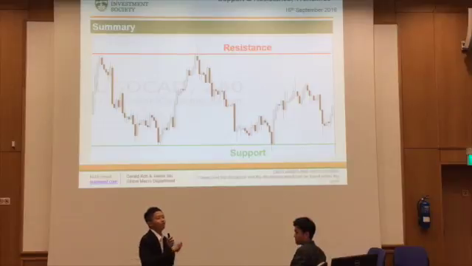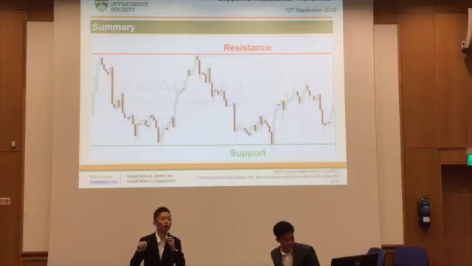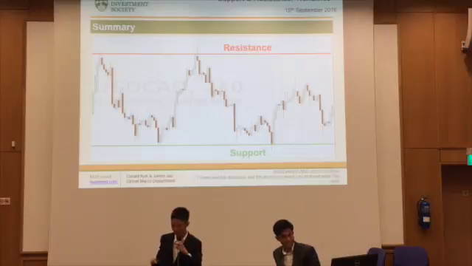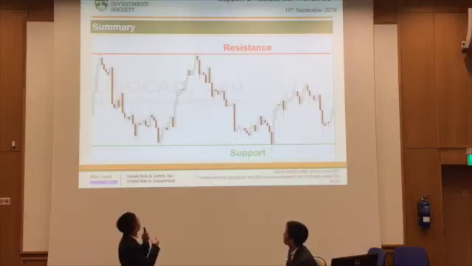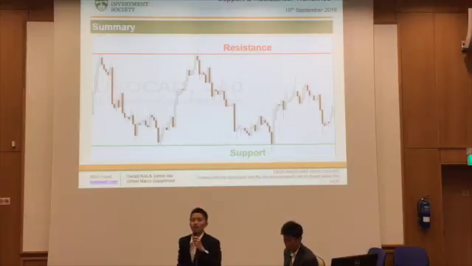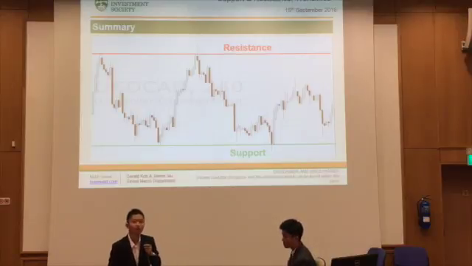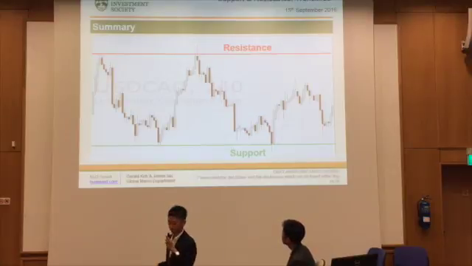And also, don't look at them as price levels, look at them as zones, so you allow more leeway for you to apply your respective stop losses and take profit. And lastly, I also talked about the strength of support and resistance. The more times it fails to breach the level, the stronger the line is. Same for support. Okay, so that's it for support and resistance. It's actually quite simple.